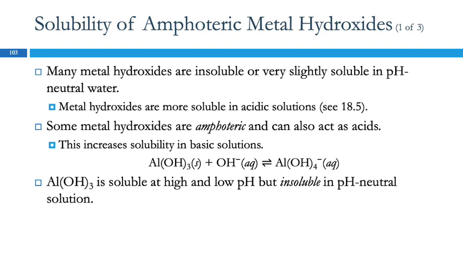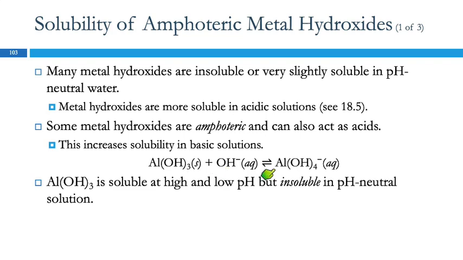And so for metal hydroxides like this, their solubility will increase in a basic solution. So this is aluminum hydroxide, not very soluble. But in a basic solution, we have hydroxide ions, which are also ones that form those complex ions.